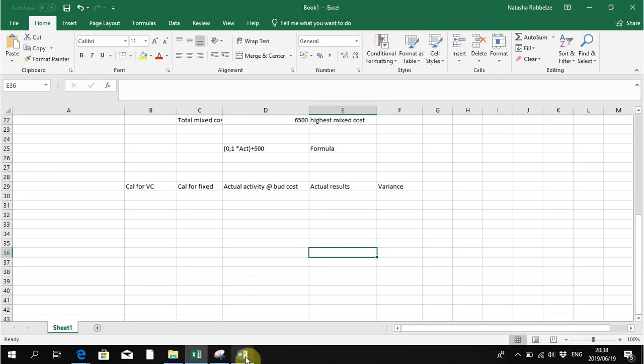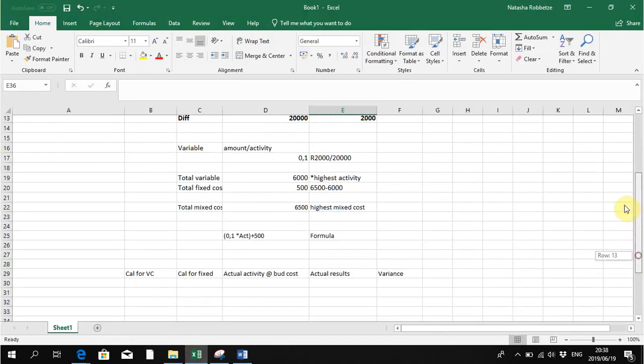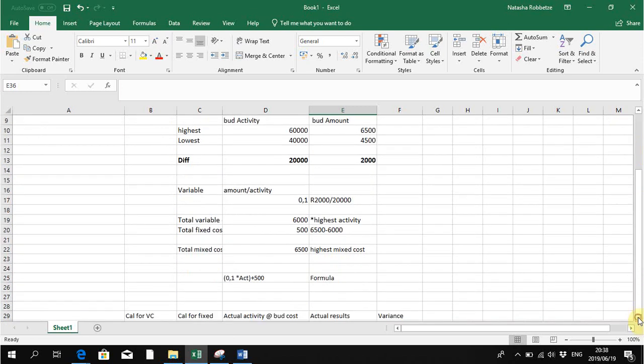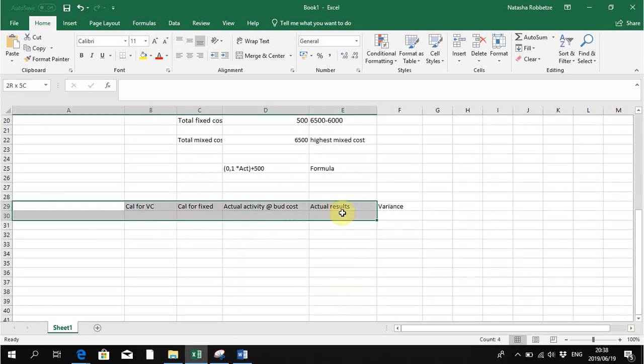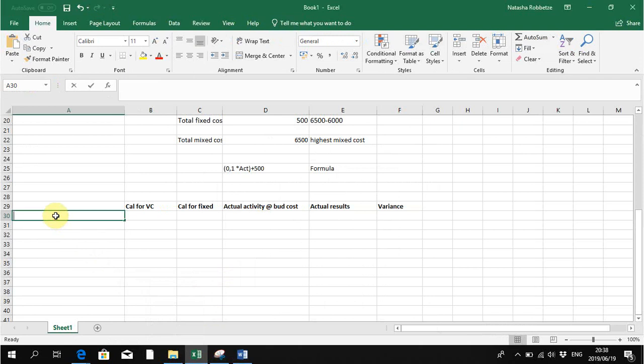Right, so the first type of cost that I see, and this is now your actual answer. So everything up till here was simply an explanation of identifying whether this is a fixed cost, a variable cost, or a mixed cost. Right. So now in actually answering the required part, here goes. The first one that we see is direct material. All right. So for direct material, I need to figure out, is this a variable cost, is it a fixed cost, or is it a mixed cost?